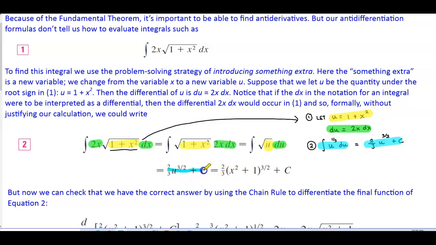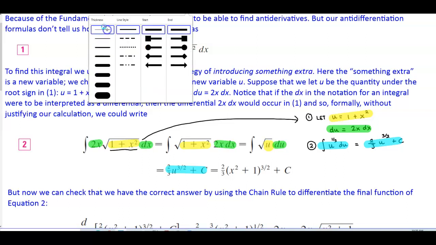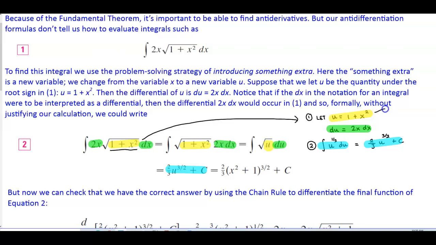Okay, and then what we do is now we know what u represents. So u equals 1 plus x squared, or x squared plus 1, and then we bring that u back into that function to then get 2/3 times x squared plus 1 to the 3/2 plus c.